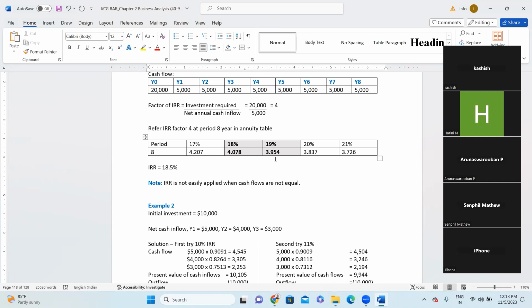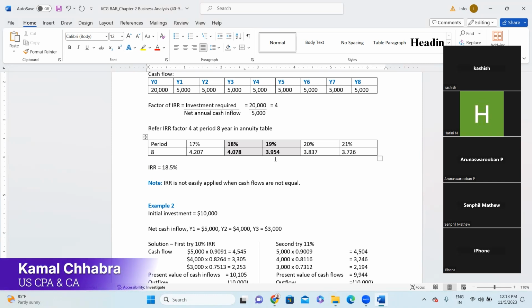4.078 minus 3.954. How much is it? 124, that is 124 basis points. Then 4,000 minus 3,954 is how much? 46.